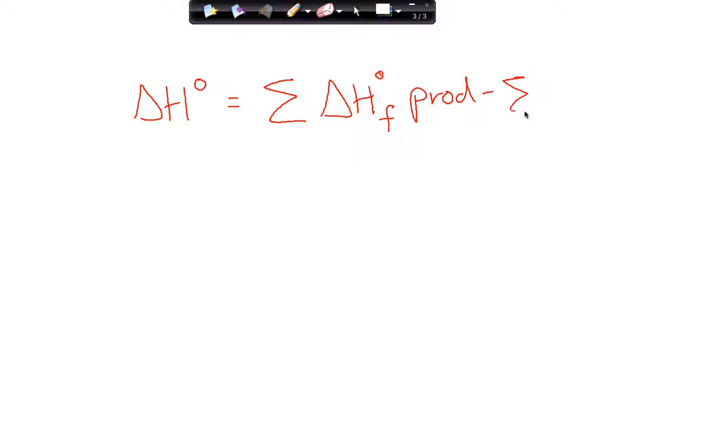The third equation: delta H naught is equal to sigma delta H naught sub F, this is important, products, minus sigma delta H naught sub F reactants.